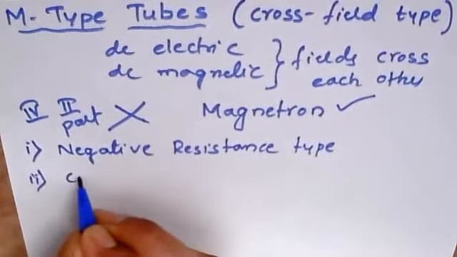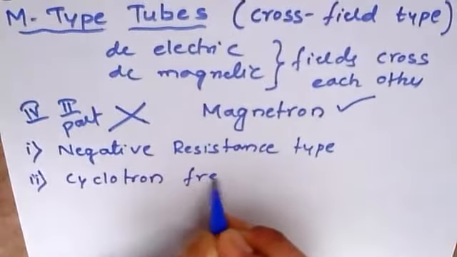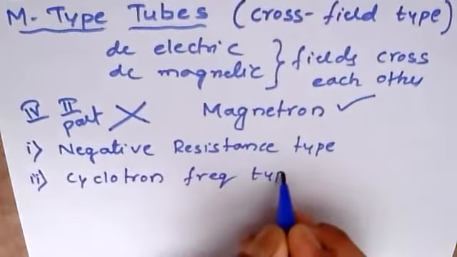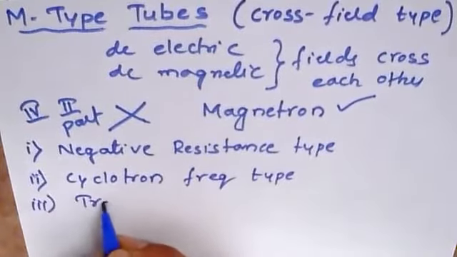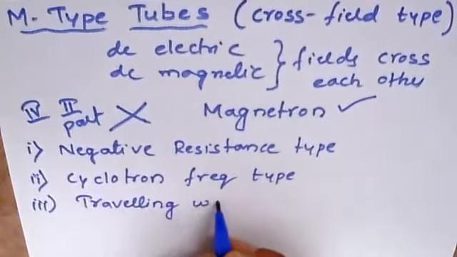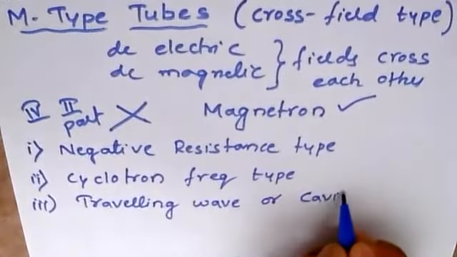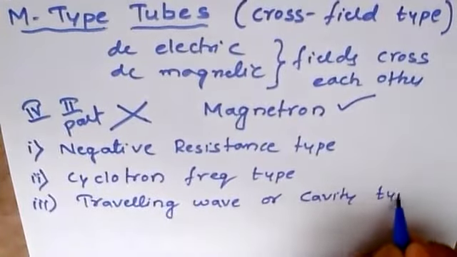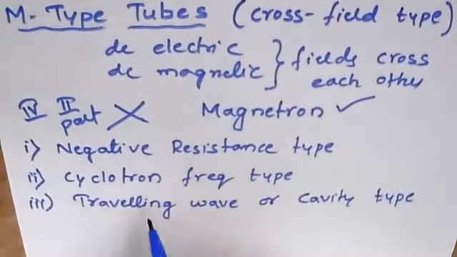The second one is the cyclotron frequency type. And the third one is the traveling wave or cavity type. So these are the three types we have.